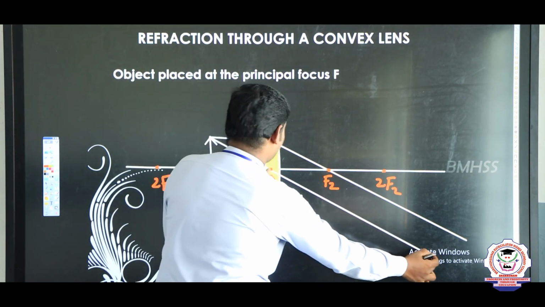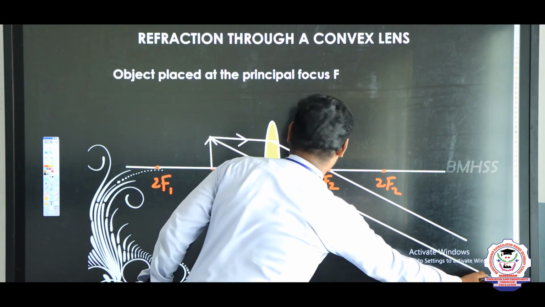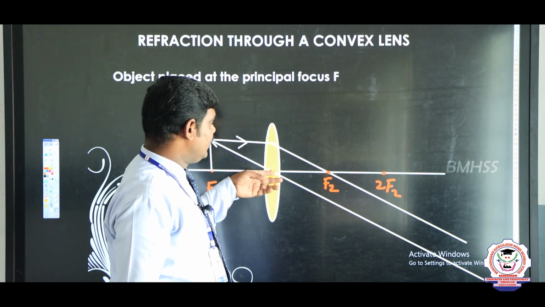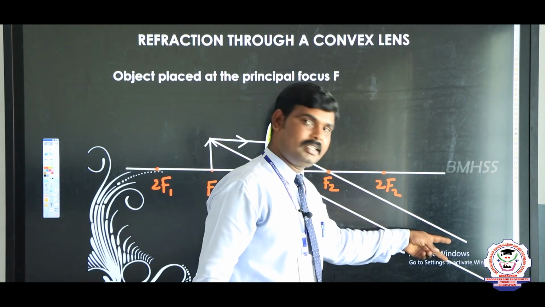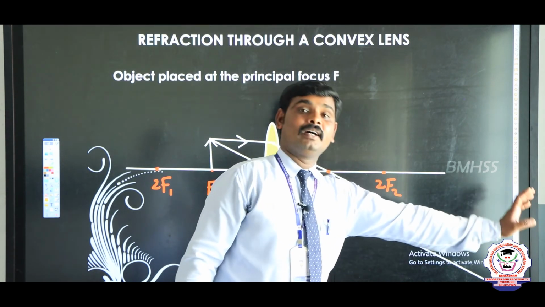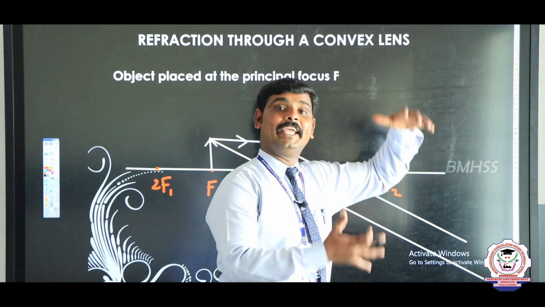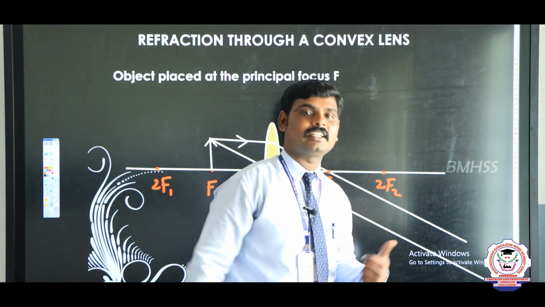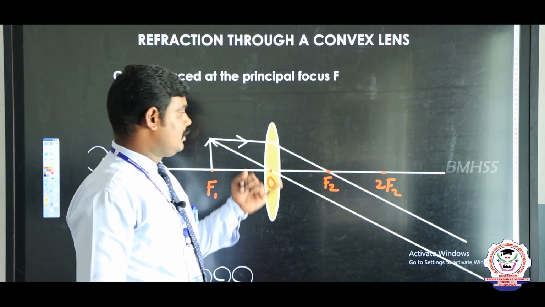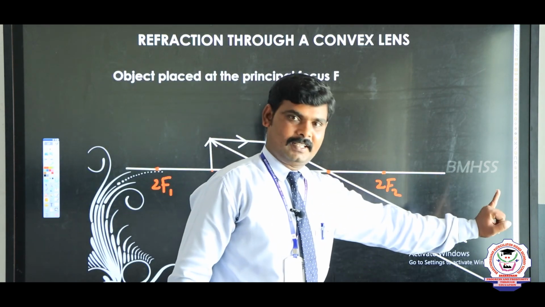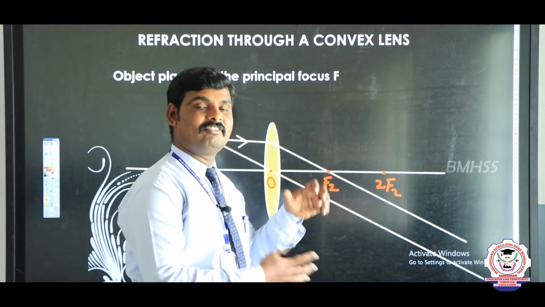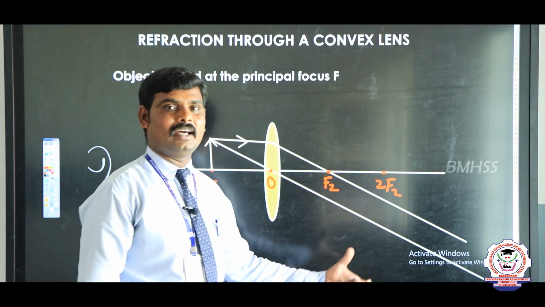There is no reflection and no refraction, which means the image will be formed at infinity. Here we can see these two lines do not meet at any point, which means the image will be formed at infinity. The image size must be enlarged compared to that object. So first, the image will be formed at infinity, and second, the size of the image will be enlarged, and it is real and inverted.